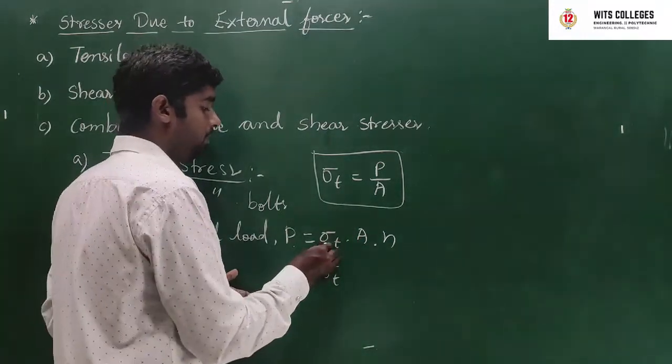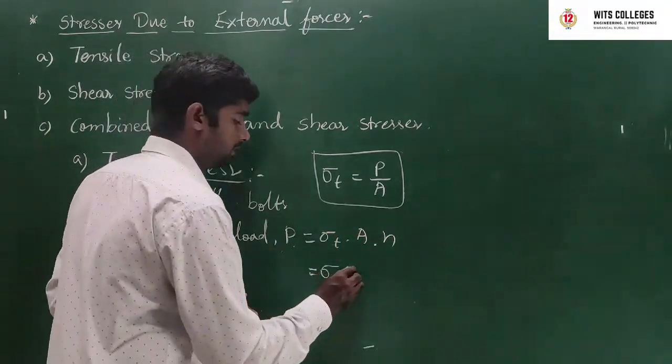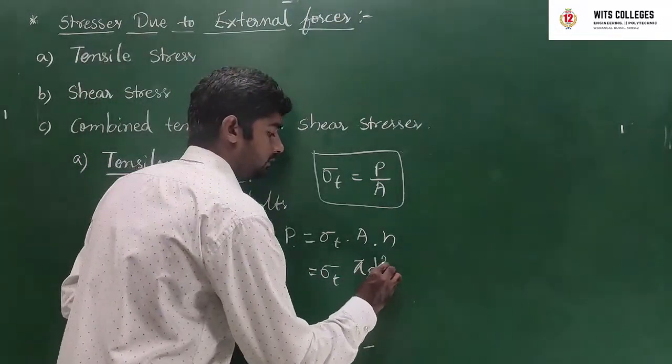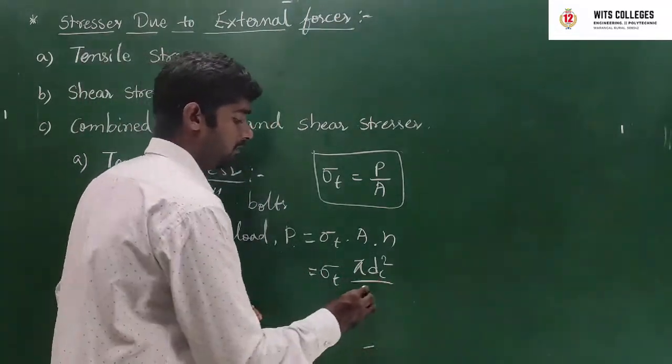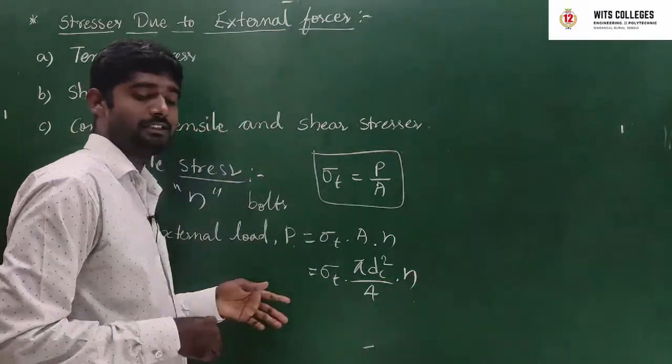The area of the bolt is pi dc square by 4, so P equals sigma T into pi dc square by 4 into n. This is the formula.